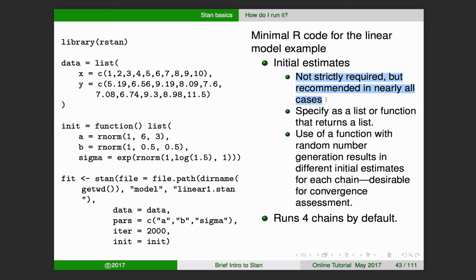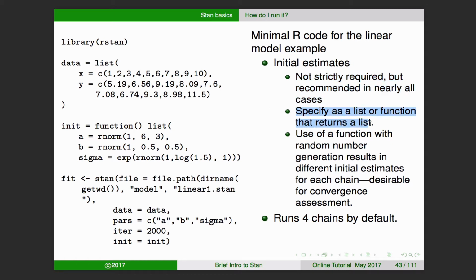I always liken not providing initial estimates to sending somebody off into the wilderness without a compass and hoping that they'll find their way to where, in this case, the posterior distribution is. If you rely on something that knows nothing about the modeled system, it's likely to pick some initial estimates that are off in another continent somewhere, and it makes it very difficult for the program to converge to a region of interest. So I strongly recommend that you provide your own initial estimates in some intelligent fashion.